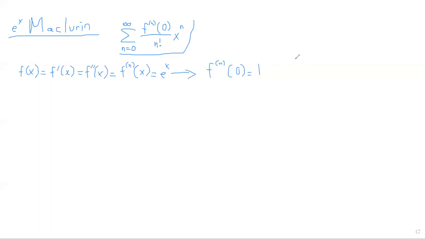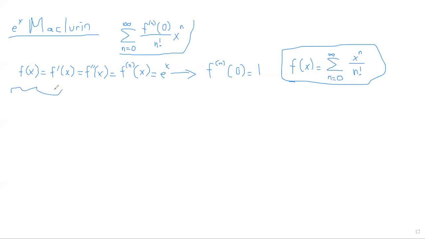So the Maclaurin series of f of x can simply be expressed like this, from 0 to infinity. Remember f^(n) of 0 is 1, so we don't include it. So it's just x^n over n factorial. And we are done.